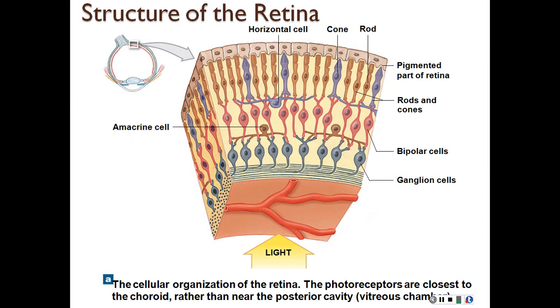Light goes through this part of the retina, but it has to go through all of these other cells that we'll mention in a second in order to make it back there to the pigmented part of the retina, which is where the rods and cones are activated. The pigmented layer is the very posterior part of the retina, and it absorbs the light energy, and that activates the rods and the cones.